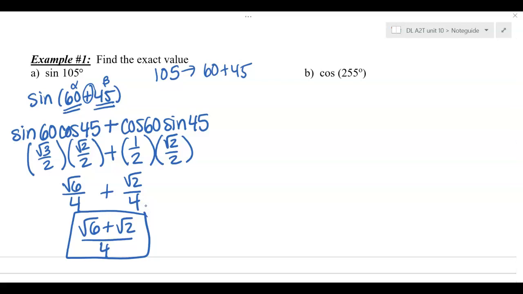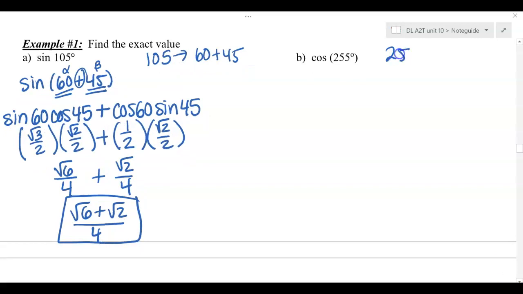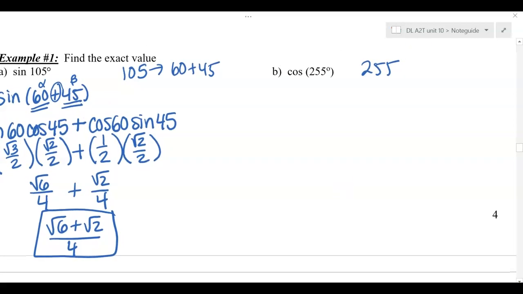Now I'm going to go and look at cosine of 255. So again, I need to try and find a way to think of 255 as something that I could figure out. So I could think of it as, let's see, I know 210 and 45.